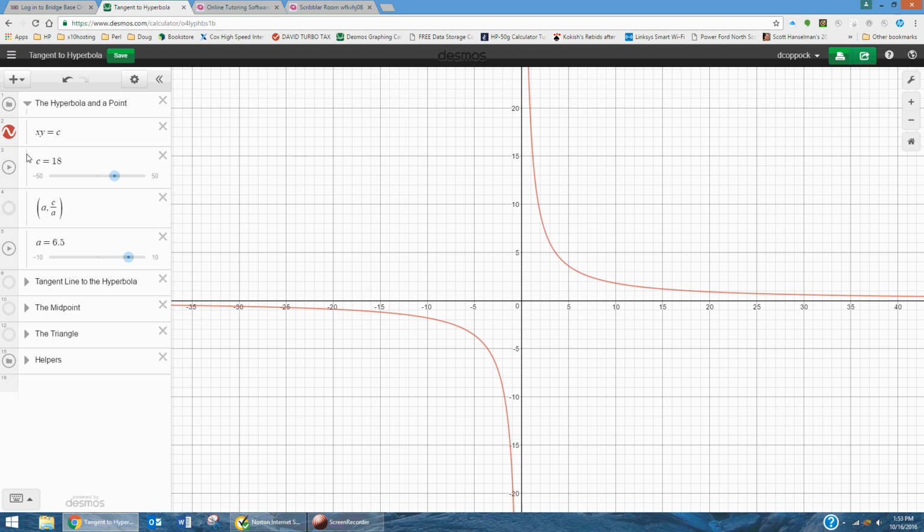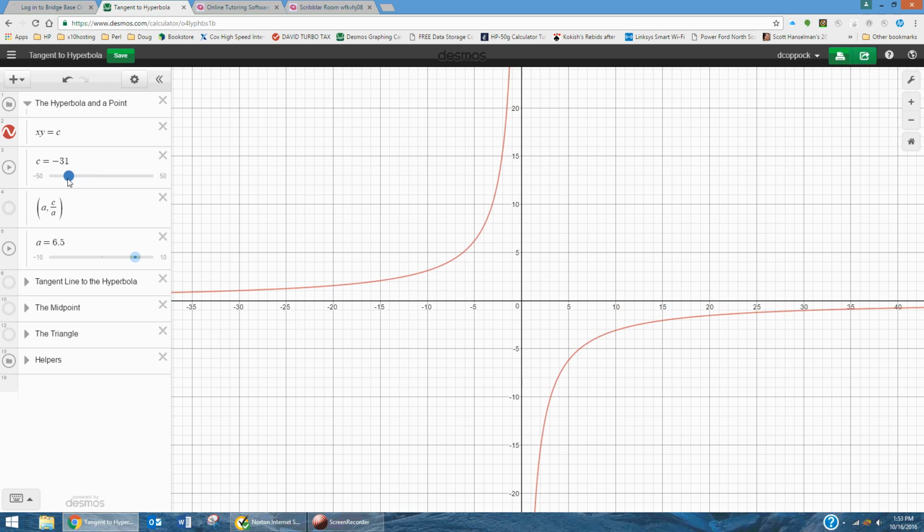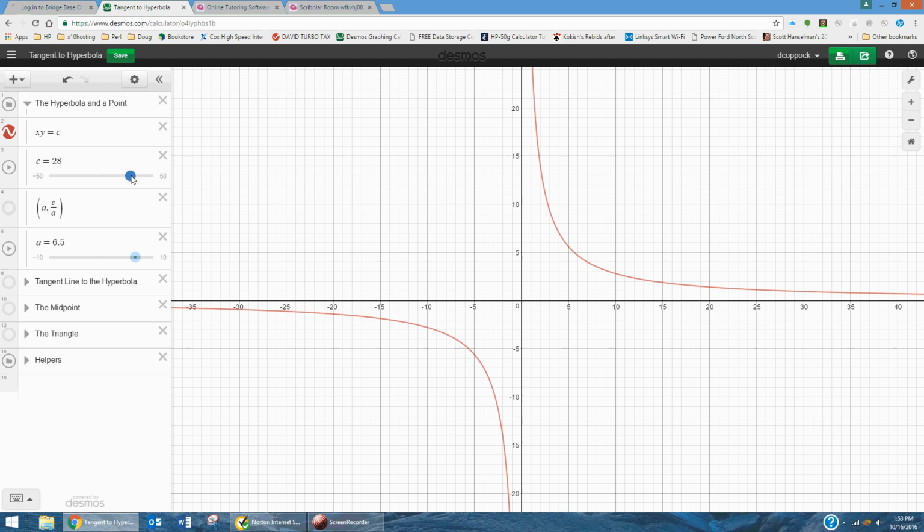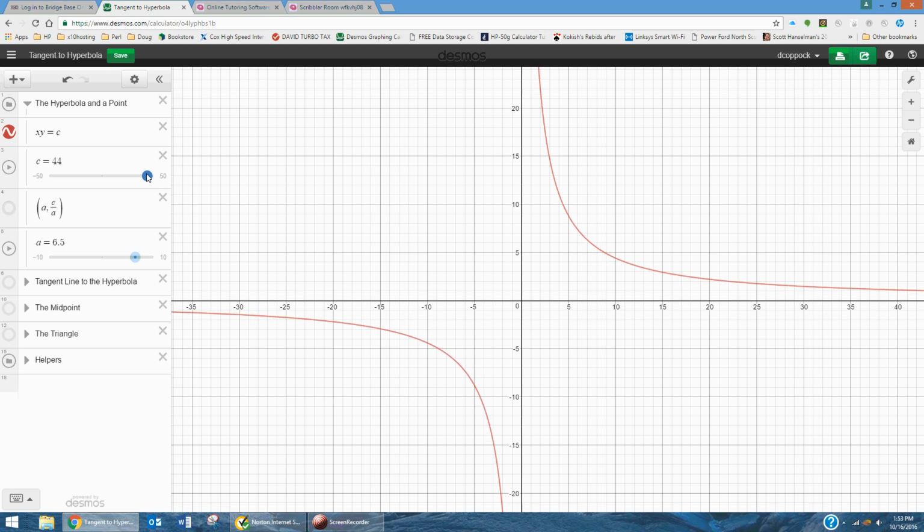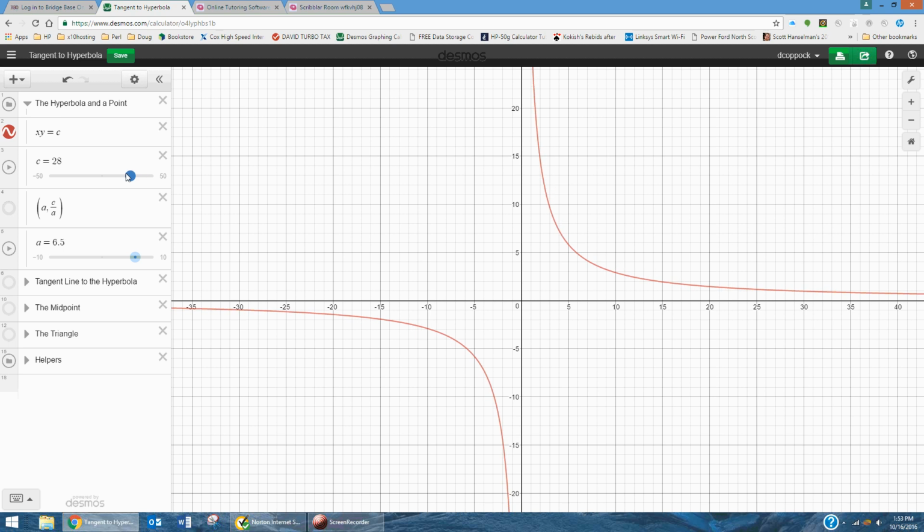So here I've graphed the relationship xy = c, and I've got c as a slider, so you can see what happens to the hyperbola as c changes in value. As c gets bigger, the hyperbola gets further and further from the coordinate axes.